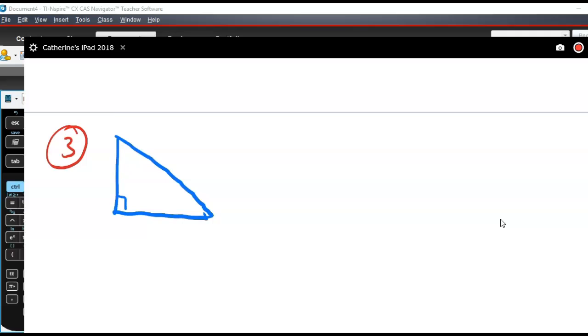Okay, and one last one. Okay, and theta. So here we can immediately see, well, we don't have our hypotenuse, so it can't be sine or cos, it must be tan.